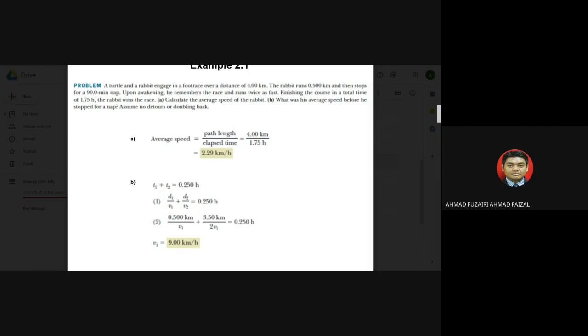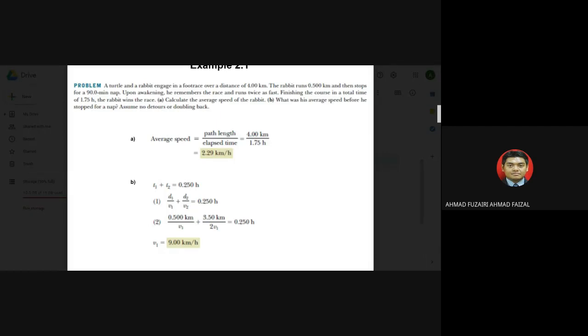So of course, sebabkan daripada ayat tu dia bagi tahu lepas dia terjaga, rabbit itu berlari 2 kali lebih laju daripada yang asal. 2 kali lebih laju. So that's why disebabkan itu, sebenarnya dia ada 2 speed tau.